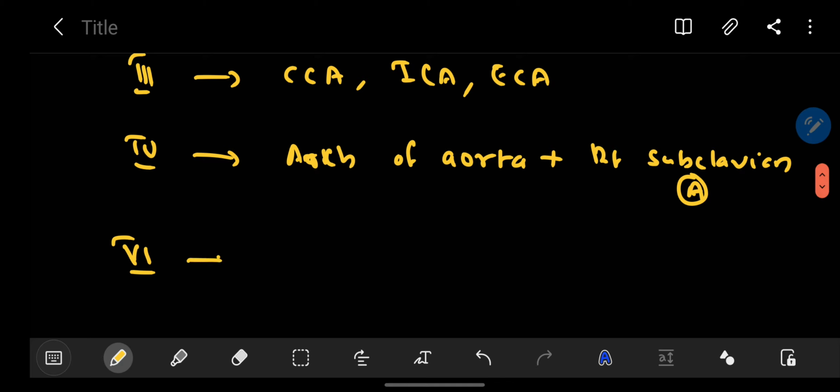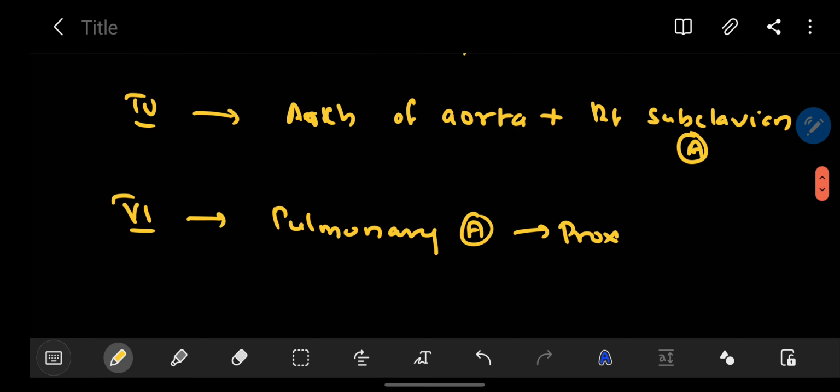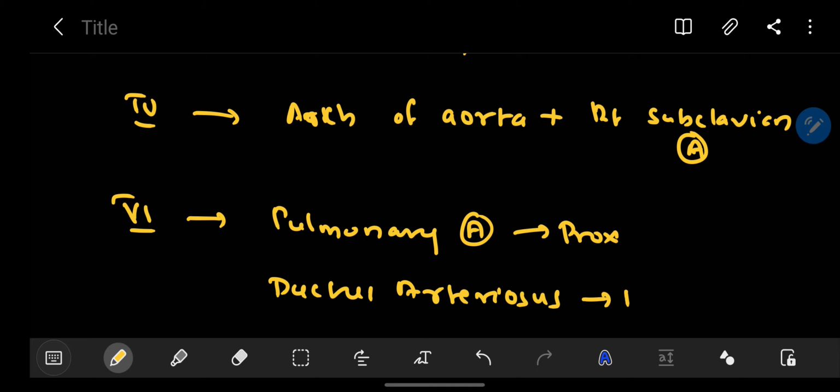From the sixth arch, the proximal part forms the pulmonary artery, and the ductus arteriosus on the distal side, left distal side.